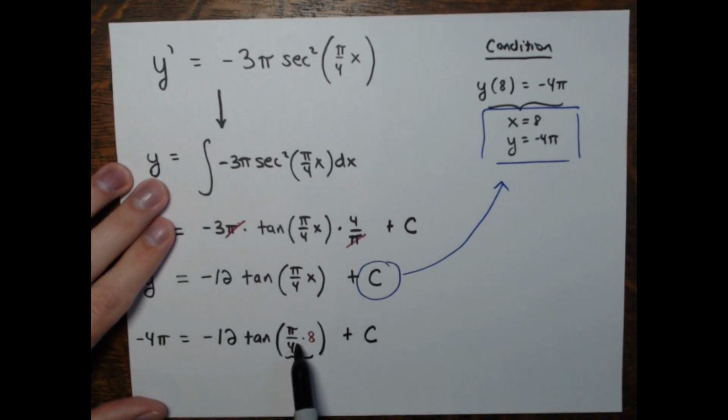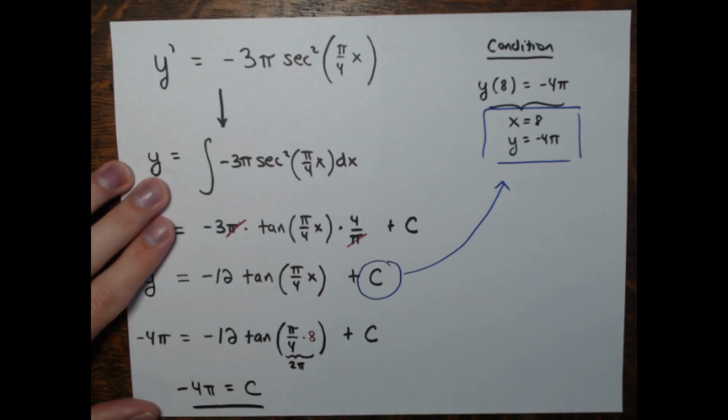Now pi over 4 times 8, that's 2 pi, and the tangent of 2 pi is 0. So this is negative 4 pi on the left equals 0 plus c, equals c on the right. So there's the value of the constant. It must be negative 4 pi.